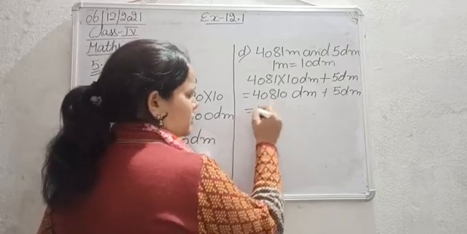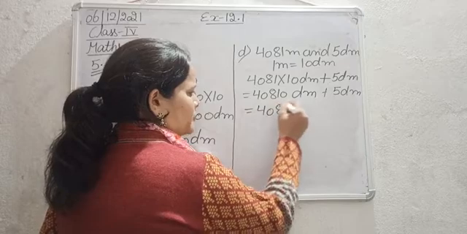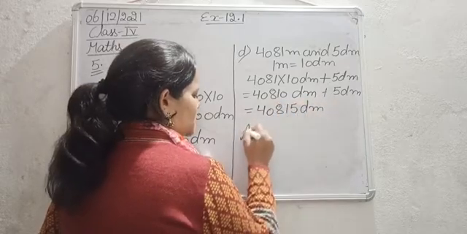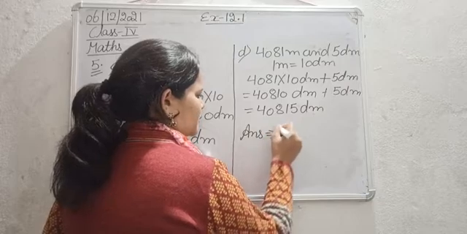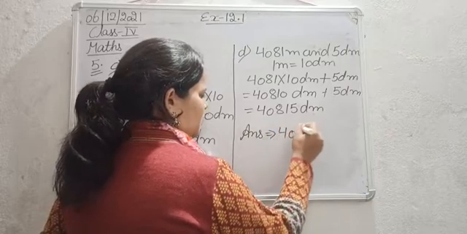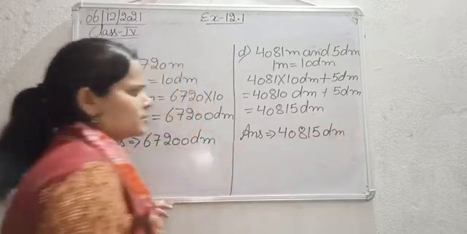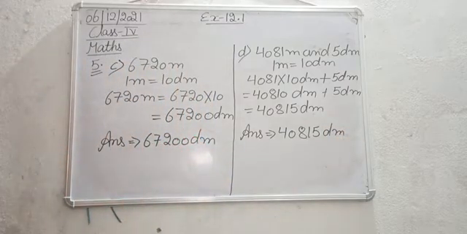Now adding 5, we get 40,815 decimeter. So the answer is 40,815 decimeter. Okay, so this is the C and the D part of question number 5 of exercise 12.1. You can pause it here and note it down in your notebooks.